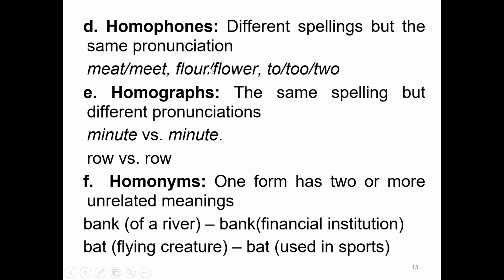Here the definition is homophone: different spellings but the same pronunciation. So you can see here, different spelling but the same pronunciation. So you see the words meat, meet. The spelling is different, but the pronunciation is exactly the same.